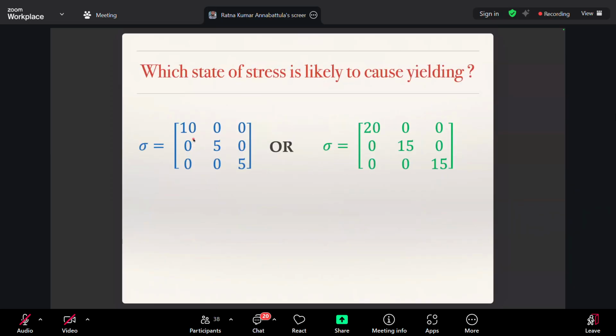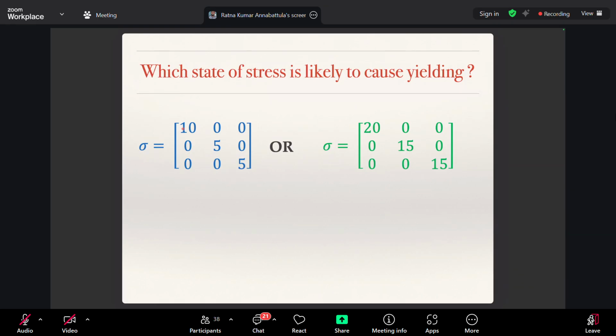Whatever equivalent stress, that is square root of sigma 1 square plus sigma 2 square, now that we can see it as equivalent stress, can you calculate the equivalent stress for this state of stress and this state of stress? Please work out.